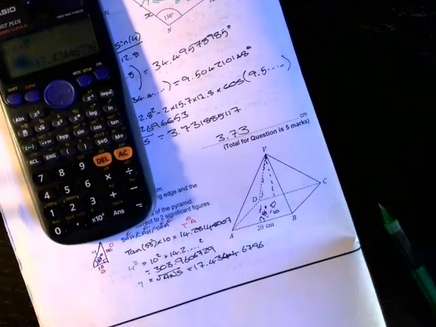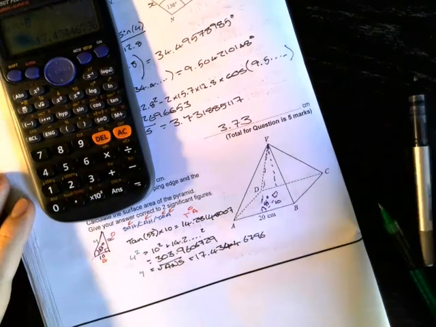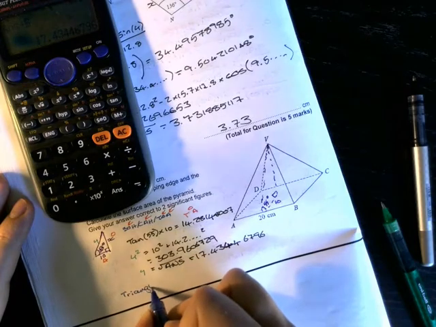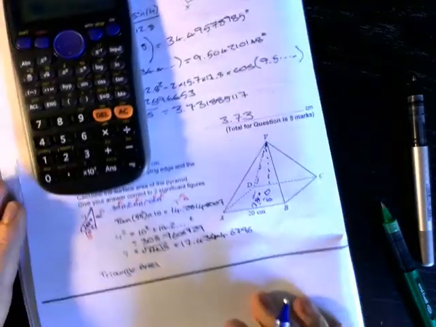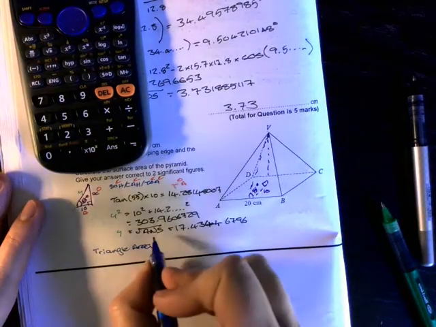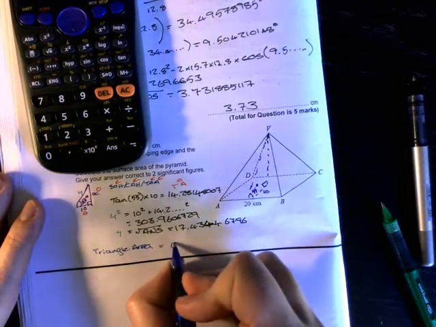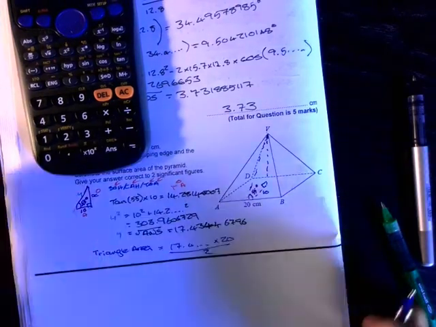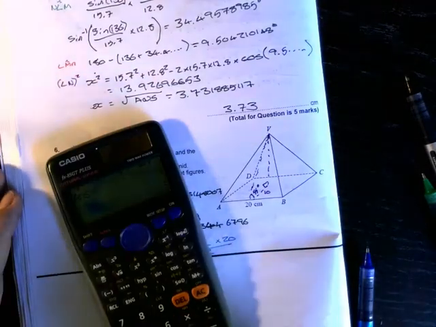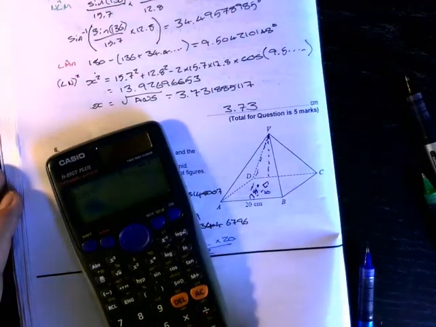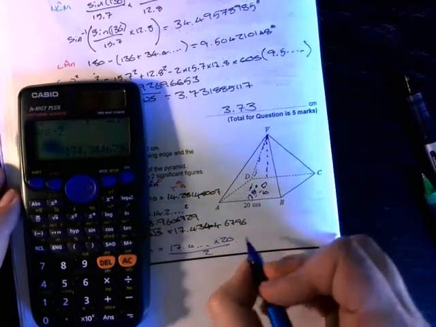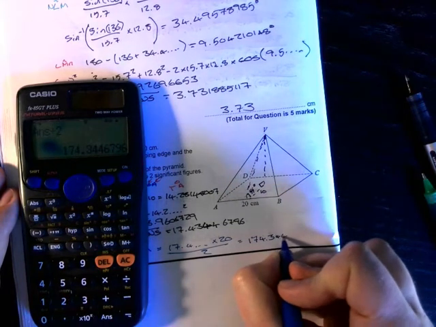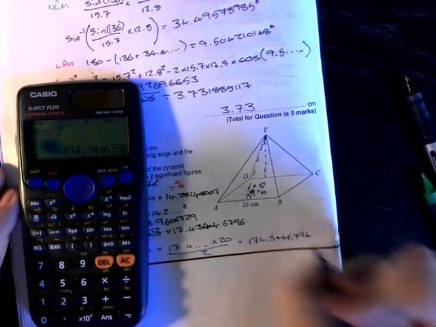So the area of a triangle is going to be 17.4 whatever times by 20 divided by 2, which is 174.4344796.